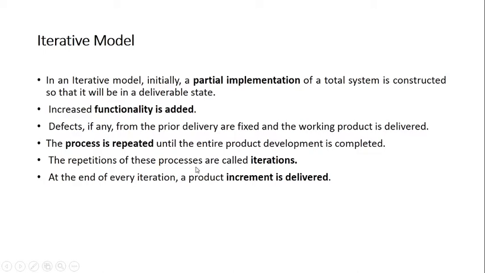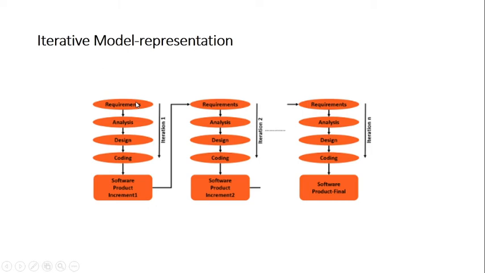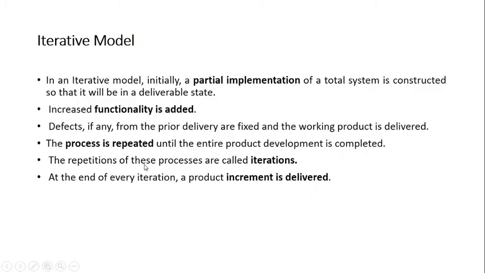The repetition of these processes is called iterations, right? Why iterations? See, requirement analysis, designing, coding, then testing, implementation and maintenance, right? These steps are getting repeated in each and every iteration, right? So the repetition of these processes is called iterations.